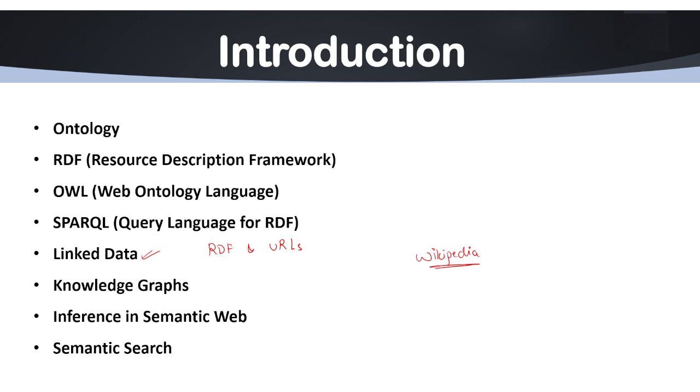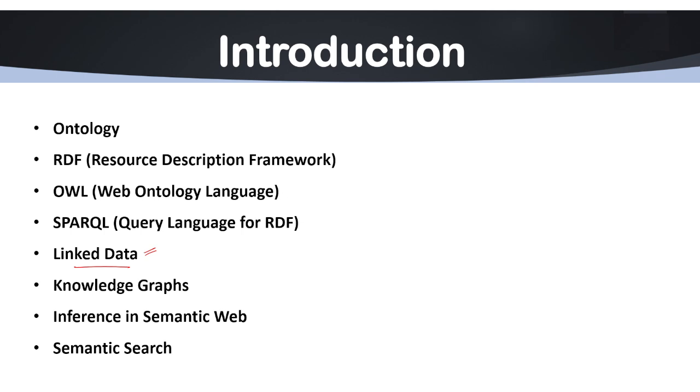Wikipedia links facts with other open data sources, and it helps build a web of data instead of just a web of documents. This makes AI systems much smarter in searching and reasoning. So, it can be asked in the examination which of the following semantic web related terms helps us in searching and reasoning in a smarter way. The correct answer will be linked data.